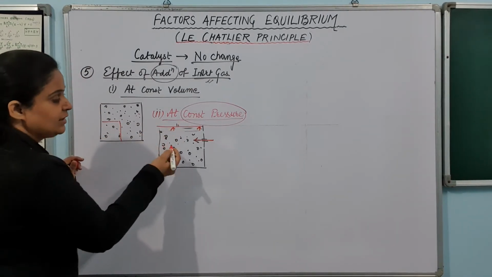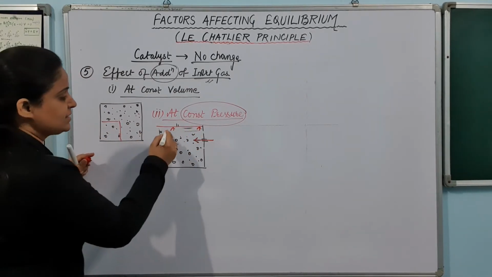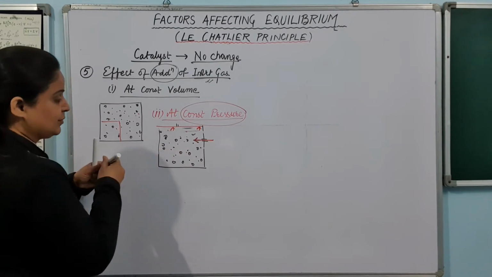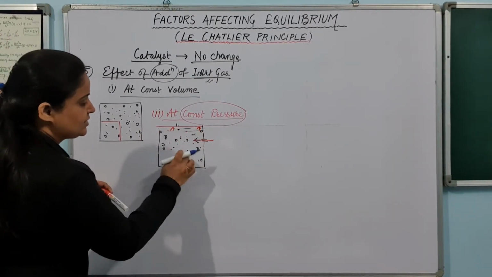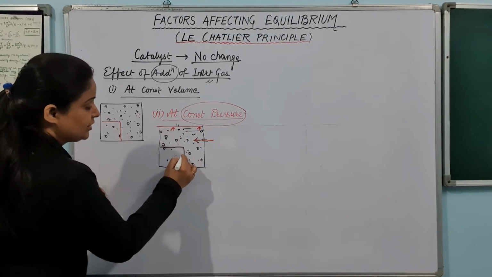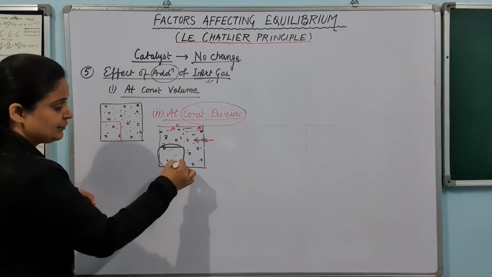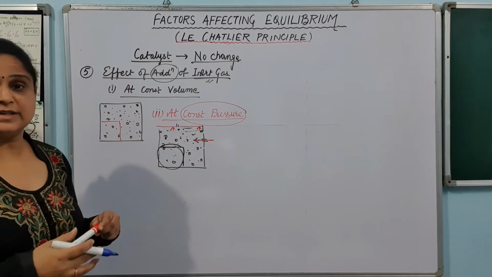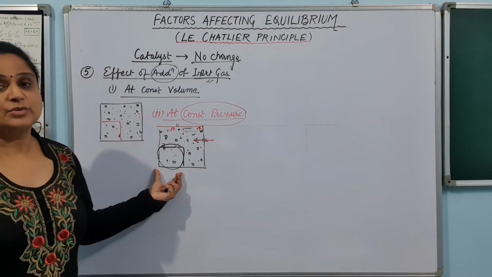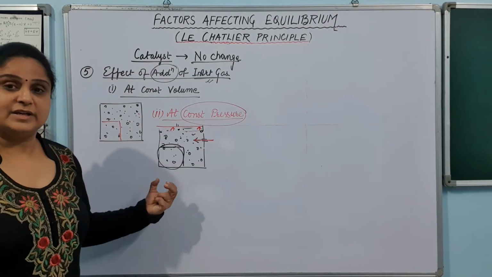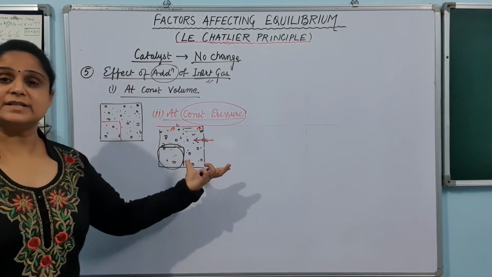Now what will happen? Now these will occupy the space available there. So the particles will be shifted from one side to another. Can you see there? So per unit volume, the concentration or the pressure of the particles will decrease. So the pressure ultimately will decrease because the volume is increased.